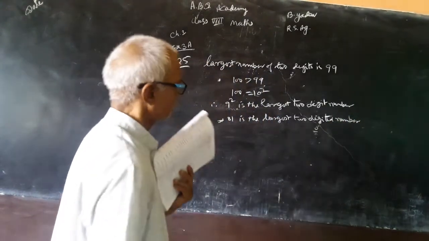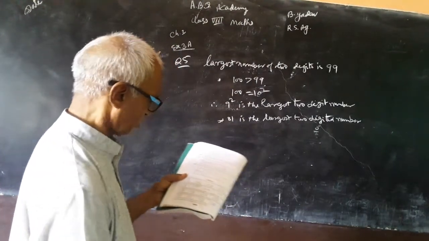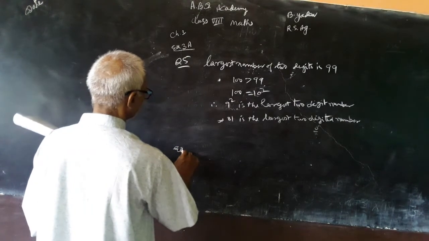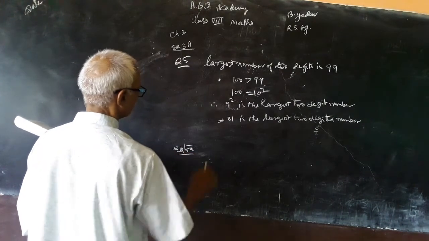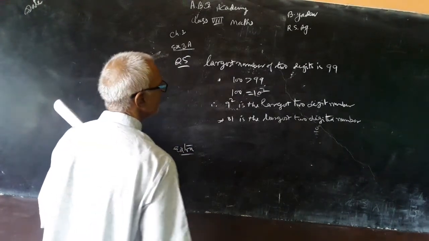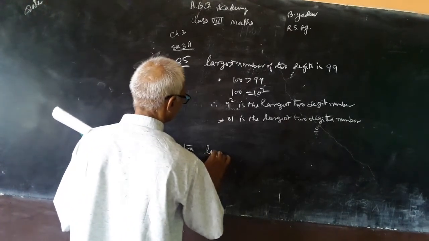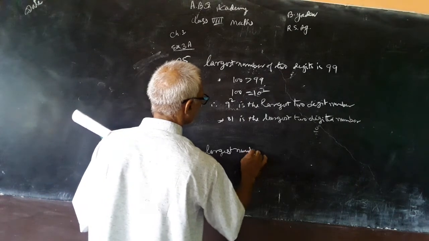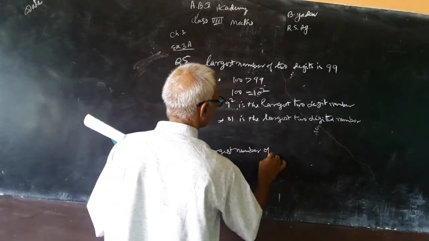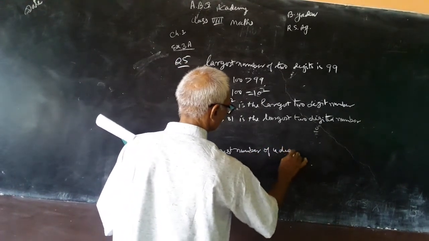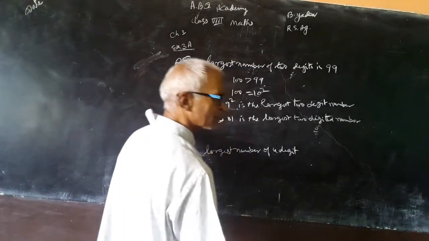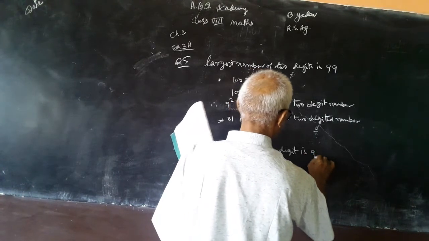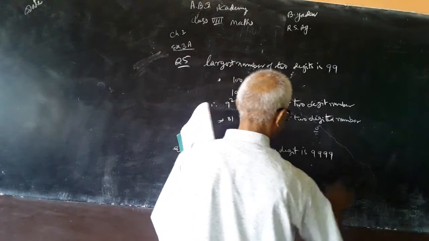Similarly, question 6, three digit is given, but I am taking an extra sum. Say largest number of four digits, because 2 and 3 are given here, is 9999.